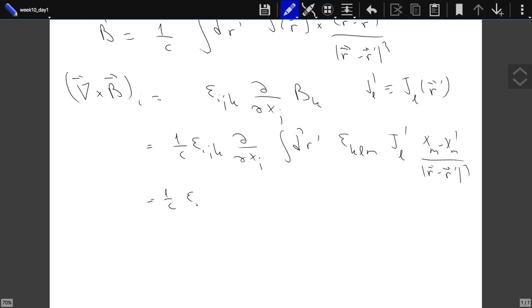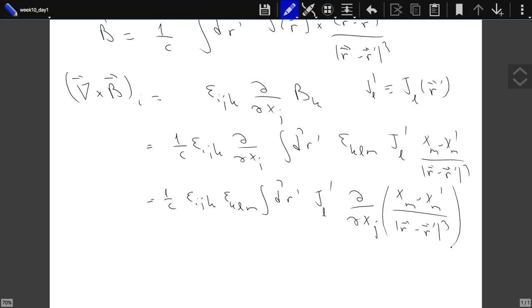Well, let's take the derivatives. This is 1 over c epsilon i j k epsilon k l m d cubed R prime J l prime del over del x j of x m minus x m prime over R minus R prime cubed.